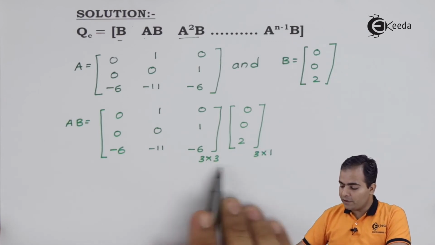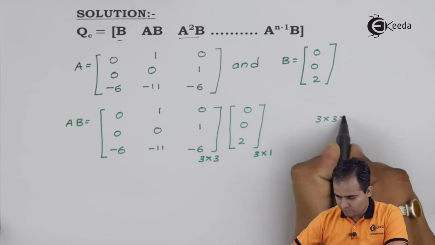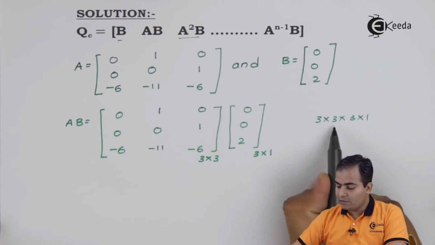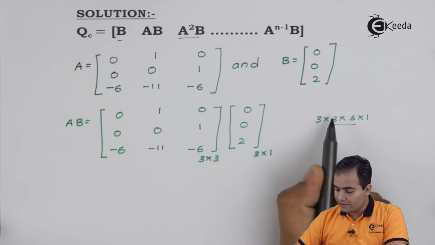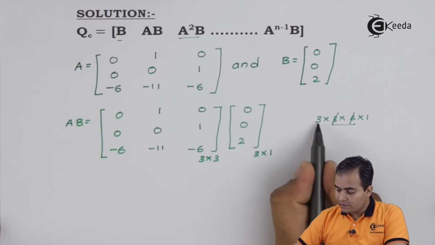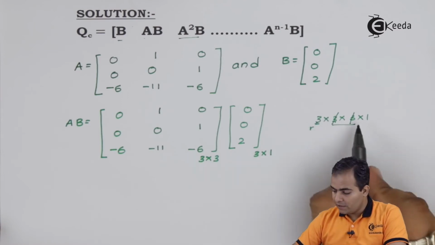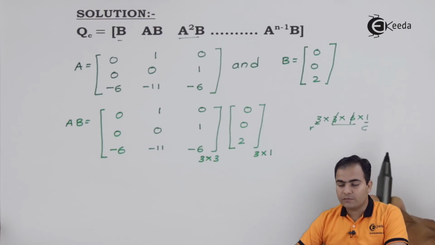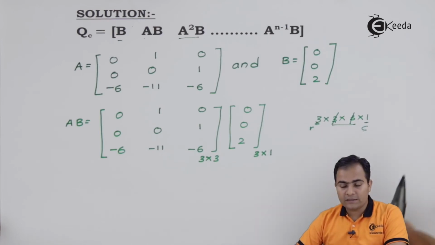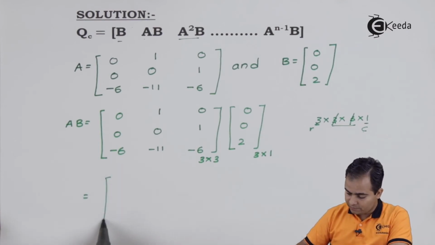Now just multiply all elements. Like this you are going to multiply, and now just cancel adjacent values, that is these 3 and these 3 will get cancelled. So what is remaining? This 3 by 3, in this 3 by 3, this 3 represents the rows, and in 3 cross 1 this will represent the column, which means you will get the answer in 3 rows and a single column.